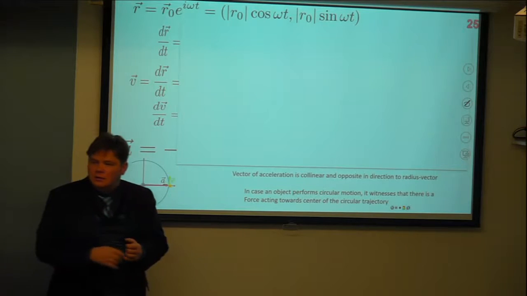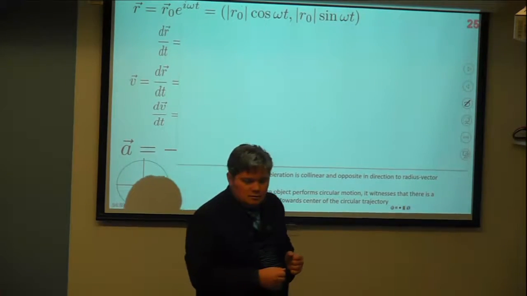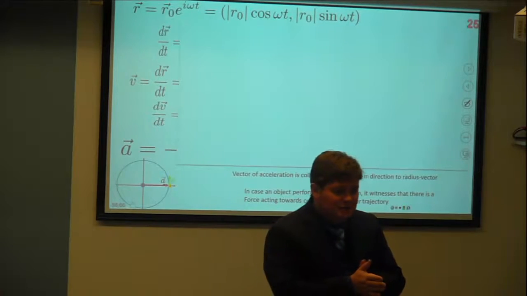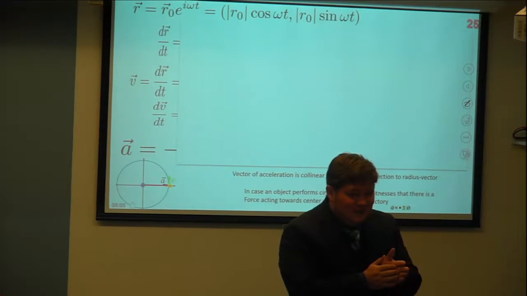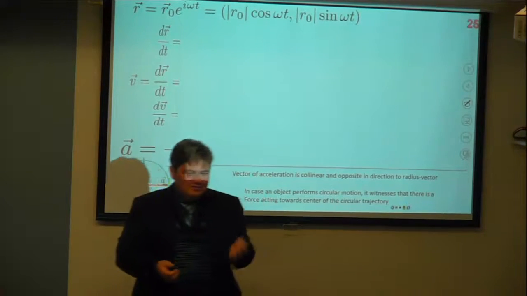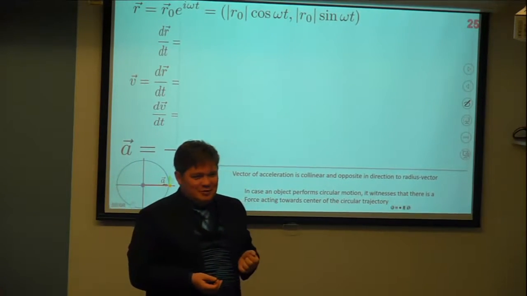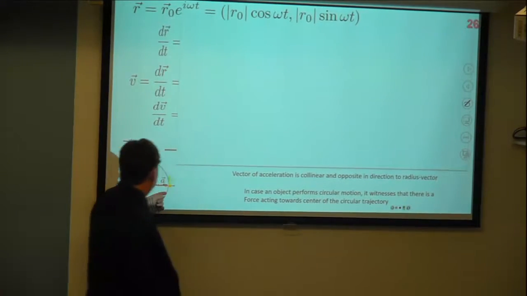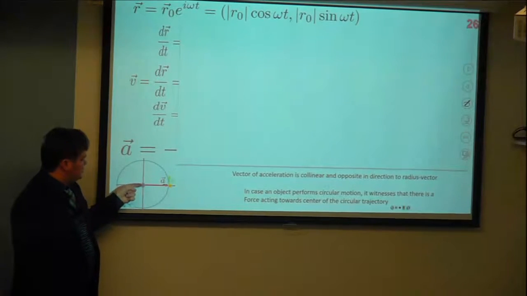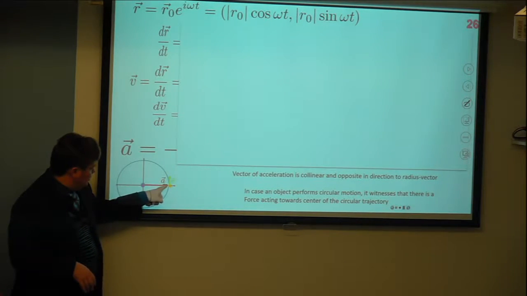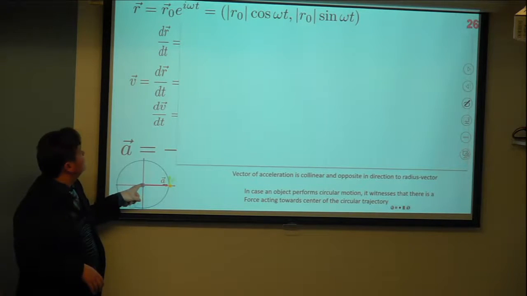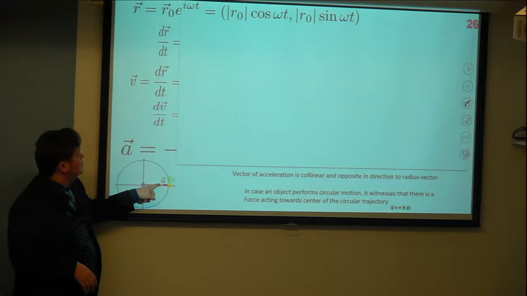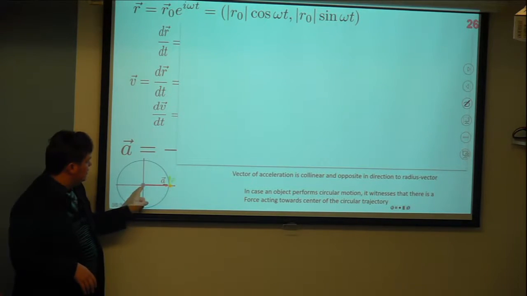So, one of your best friends is Euler, which means you are masters of circular motion. Maybe you didn't recognize it, but you are. If something is moving on a circle, a two-dimensional circle, the projections, like if the radius vector moves on a circle, it means that the projection on x changes in time as cosine, and the projection on y changes as sine.